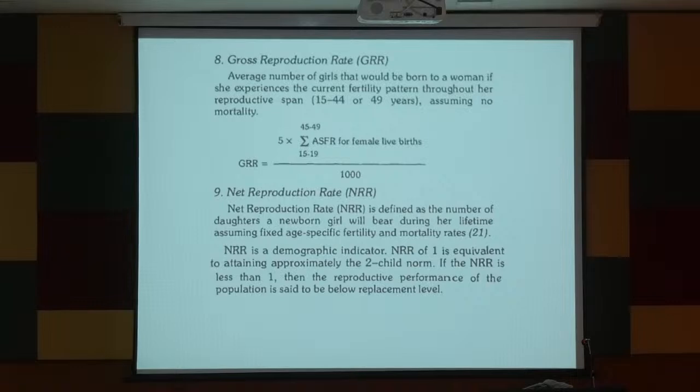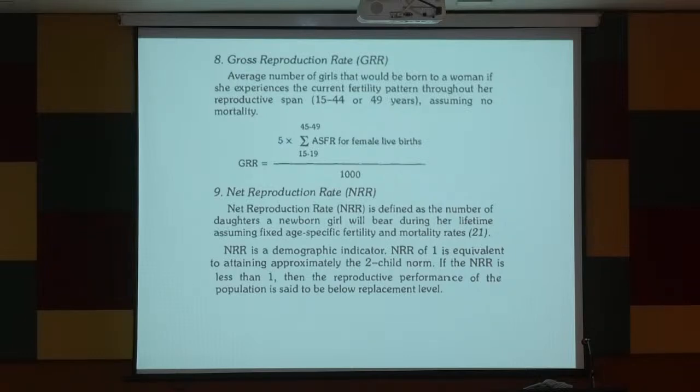Gross reproduction rate is the average number of girls that would be born to a woman if she experiences the current fertility pattern throughout her reproductive span, assuming no mortality. The exact definition is this. So in place of average number of children, here it is written average number of girls or daughters.